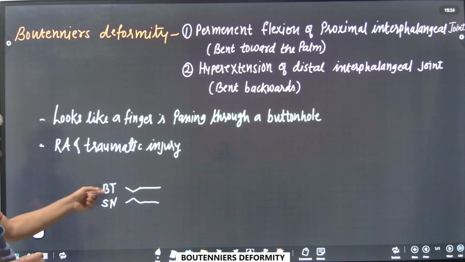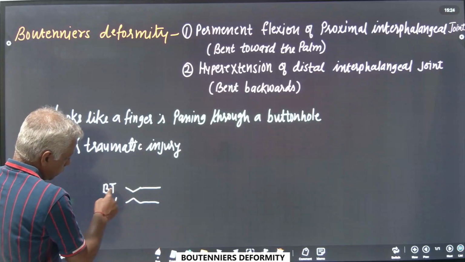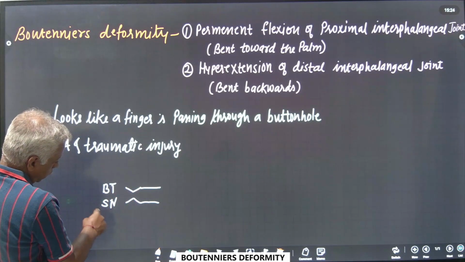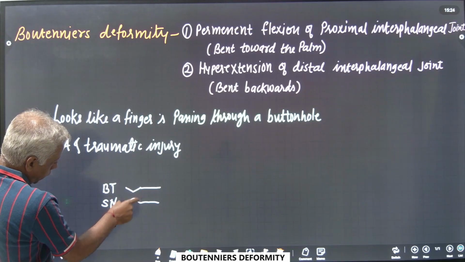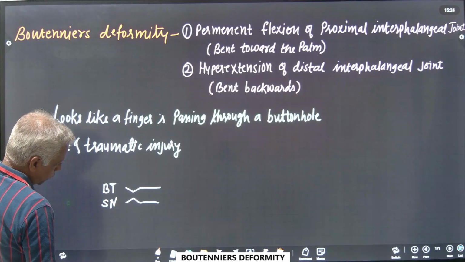See this image above, it is the Boutonniere's deformity, and the image below is showing the swan neck deformity.